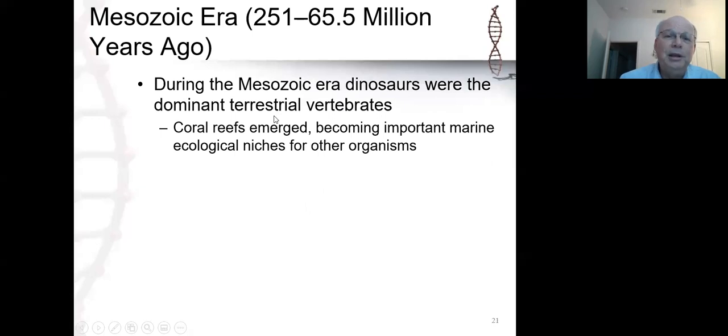Then at the beginning of the Triassic, as I've already mentioned, beginning of the Mesozoic, we see a situation that favors the emergence of organisms that can tolerate high temperature and drier environments. And so we start to see early reptiles, out of which would emerge the dinosaurs.